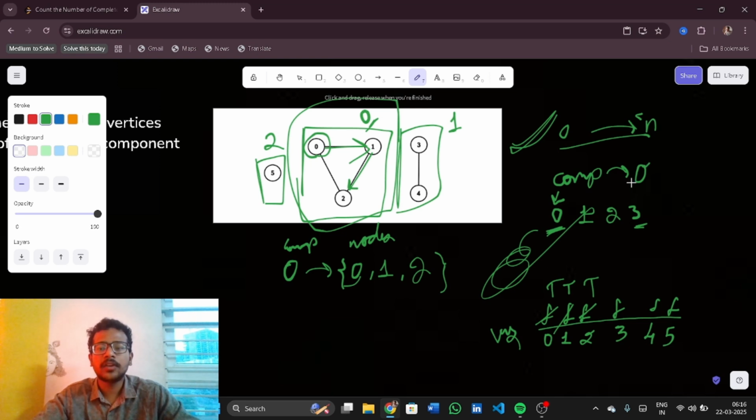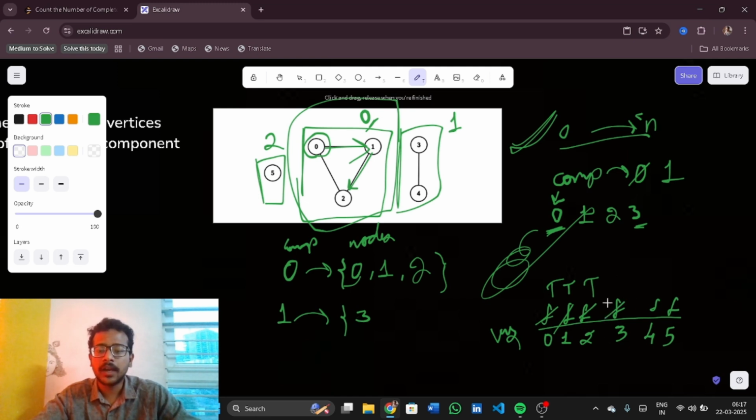That means I need to increment my component ID.